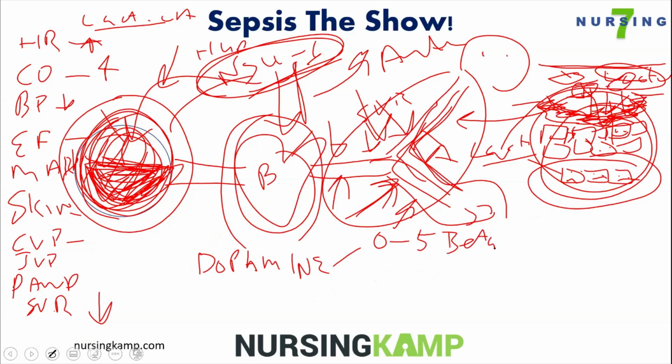Okay, 6 to 10, it's beta and alpha. And greater than 10 is only alpha. What I'm talking about here, this is micrograms per kilogram per minute. All right, all these things are micrograms per kilogram. You're titrating the medication based on the micrograms.